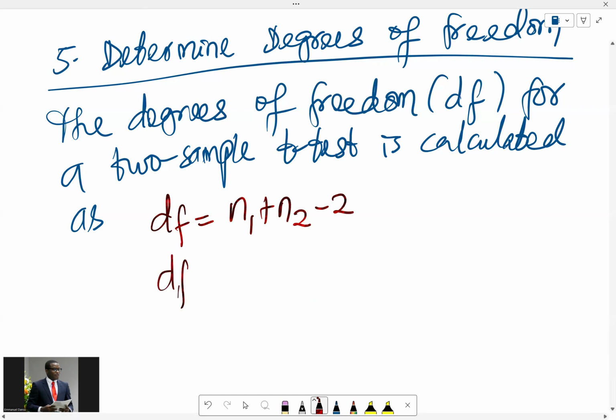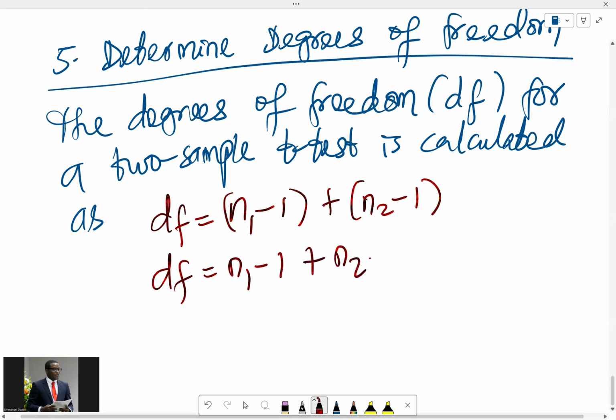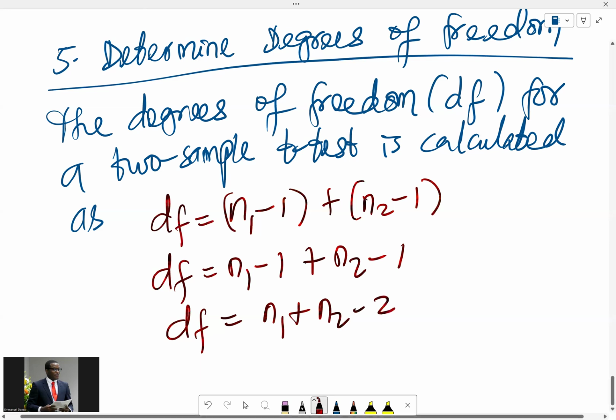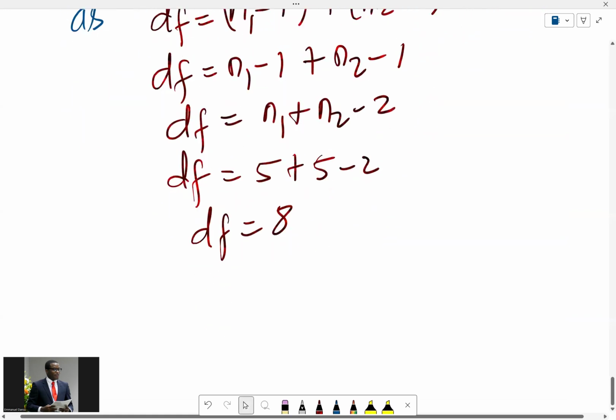Let me go to the basics. Degree of freedom for each sample is n1 minus 1 plus n2 minus 1. So the degree of freedom is actually n1 plus n2 minus 2. That's how we came about that. So the degree of freedom will be 5 plus 5 minus 2, which is 8 in this situation.